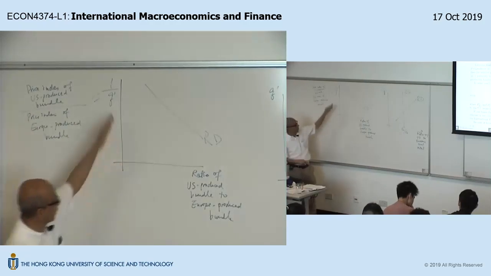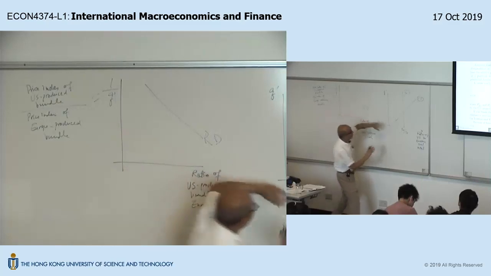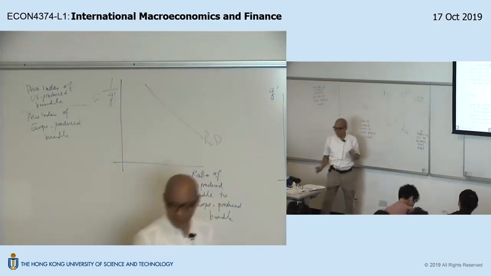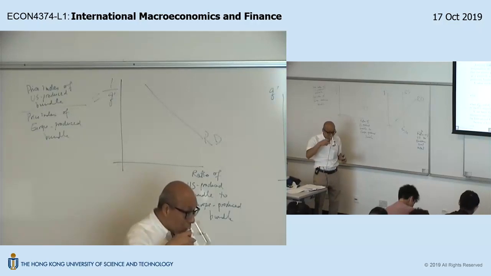So you expect a downsloping relative demand curve, but because this is 1 over Q prime, I flip it, therefore it's upward sloping. Okay, it's just like that.